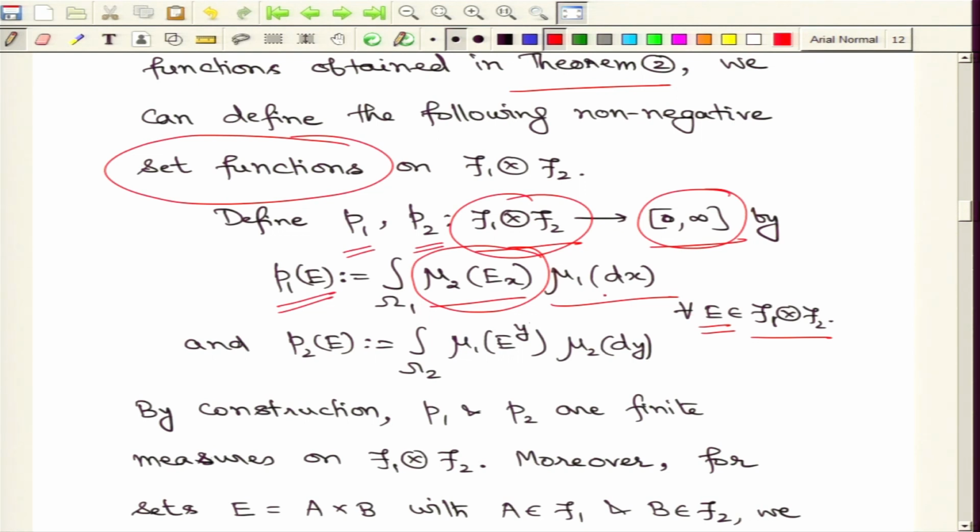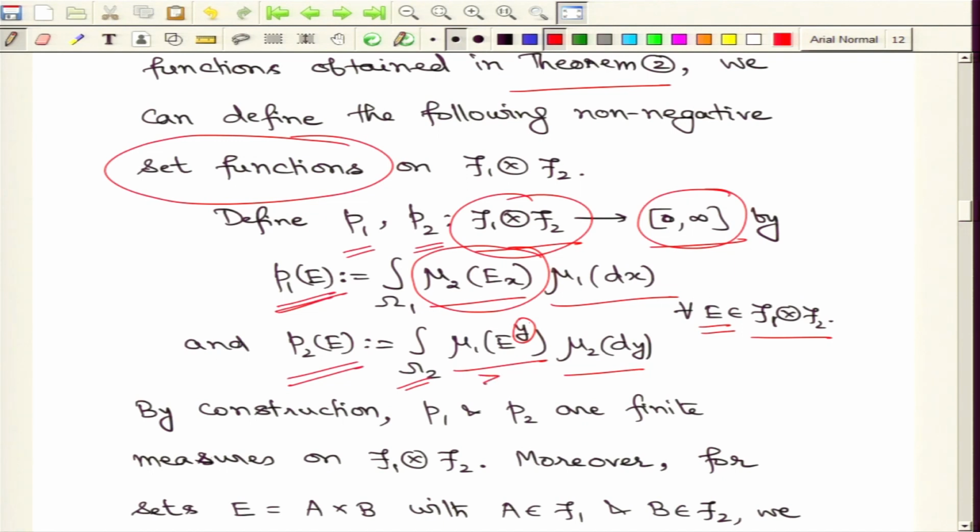That is how we are getting the number P1 of E. In a similar manner, we look at P2 of E. Here we first look at, for any arbitrary point y coming from omega 2, the number mu 1 of E^y. Here the function y mapping to mu 1 of E^y is measurable and we integrate it against the measure mu 2.